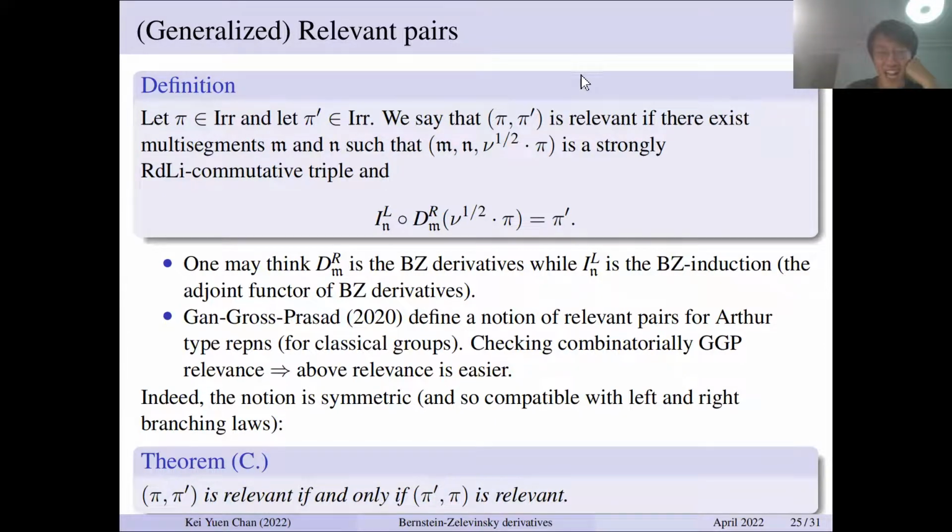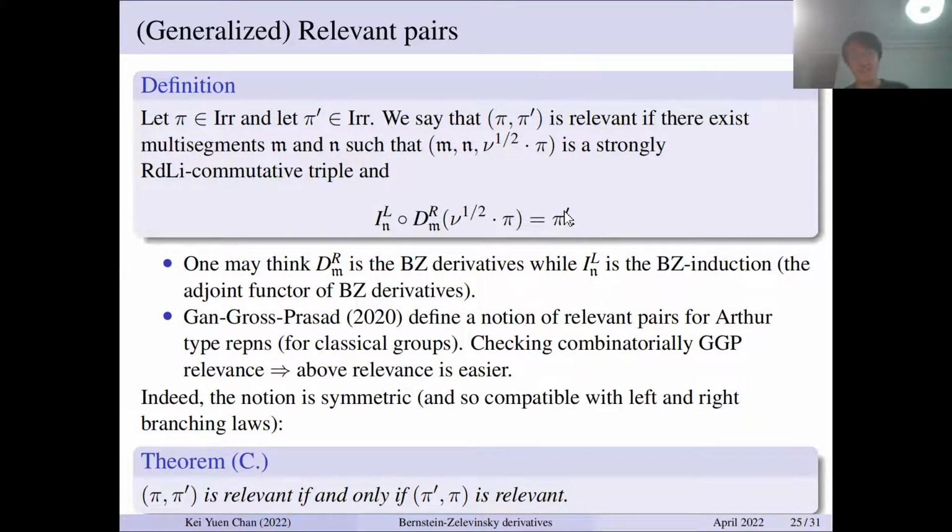And pi prime is relevant to pi if there exist multisegments M and N such that M, N, pi is a strongly RDLI commutative triple. Then if you do those derivatives, you can get to pi prime.